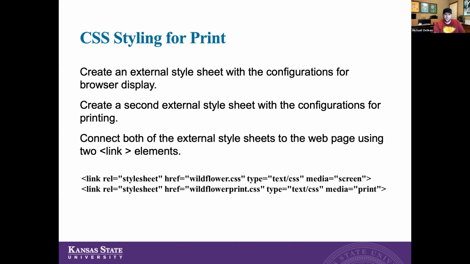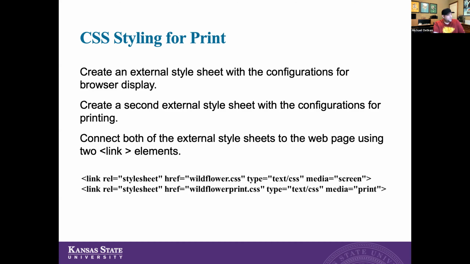Okay, so that first one we're telling it's for the screen, right? So we're going to use that style sheet when we're on the digital screen on the computer. Then we have our second one there. Again, we're using external style sheets. Okay.